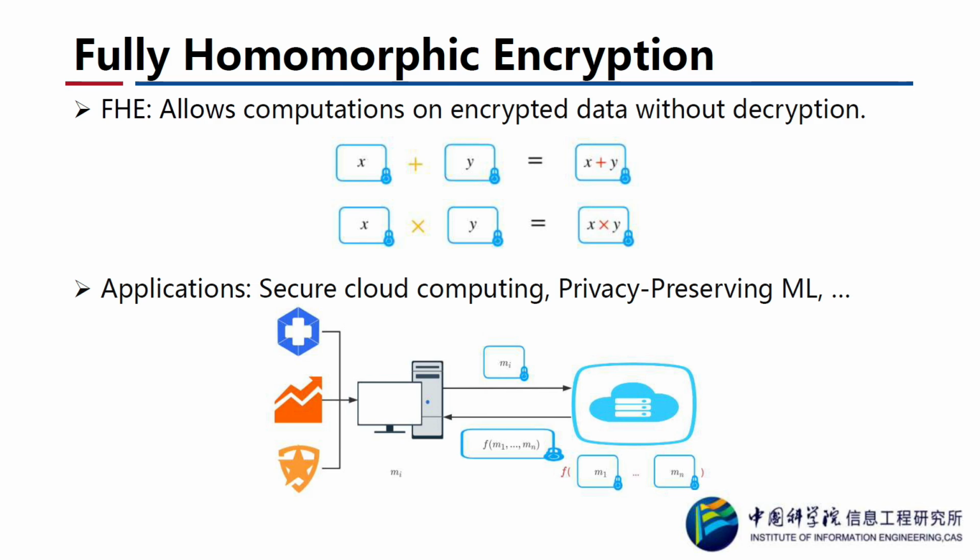Maybe the client has some sensitive data of healthcare or finance or even government. He can encrypt the data using fully homomorphic encryption and transfer it to the cloud server. Then the server will process the data under encryption and give back the ciphertext result. The client will decrypt to obtain the result.